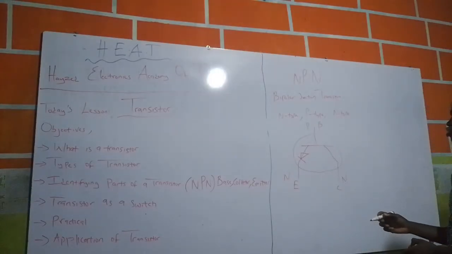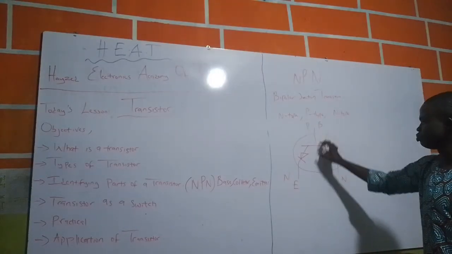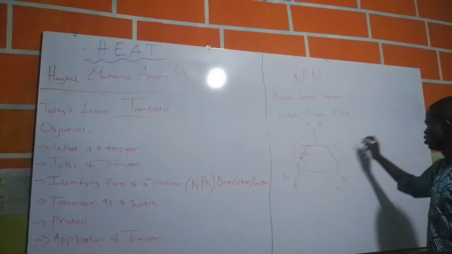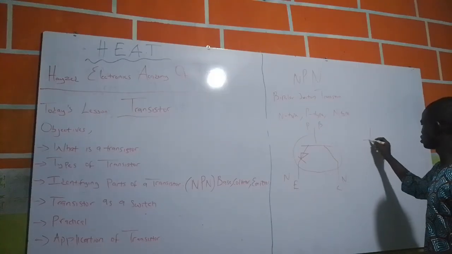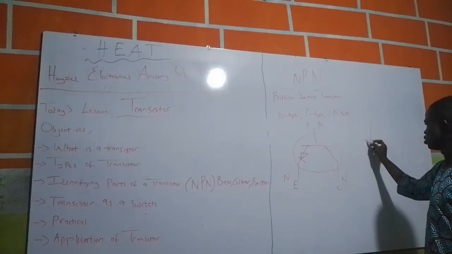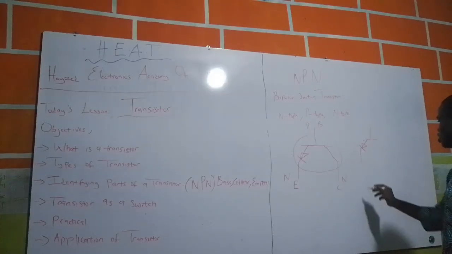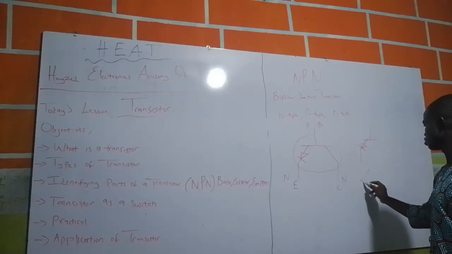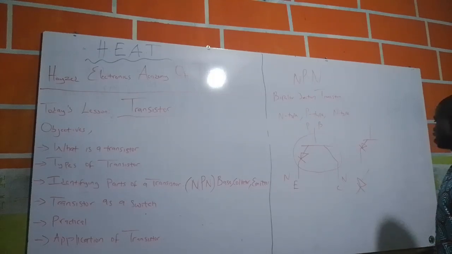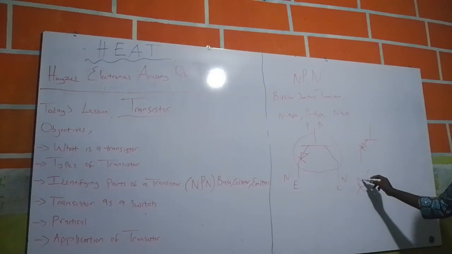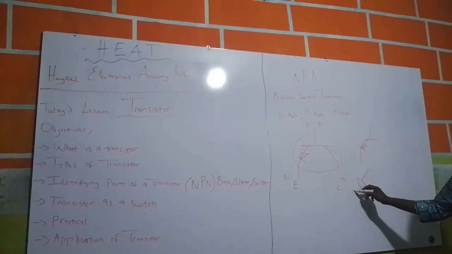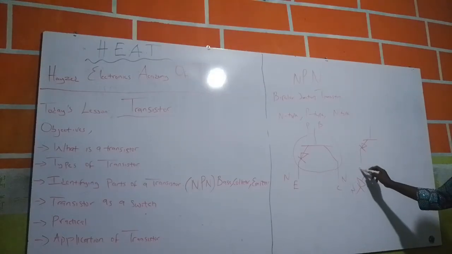And if you look at it, you see that this base and emitter is like a diode also. If you extract it out, we'll have something like this. And you know what I said in the last class, that in a diode this place is the negative, while this place is the positive of a what?